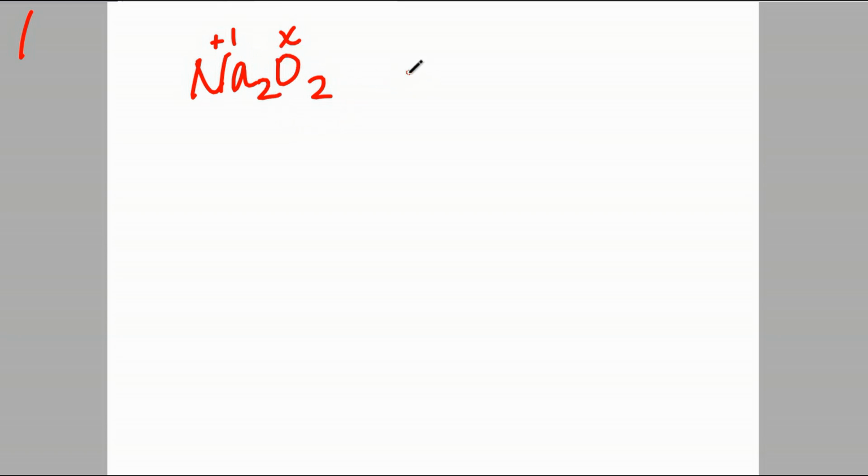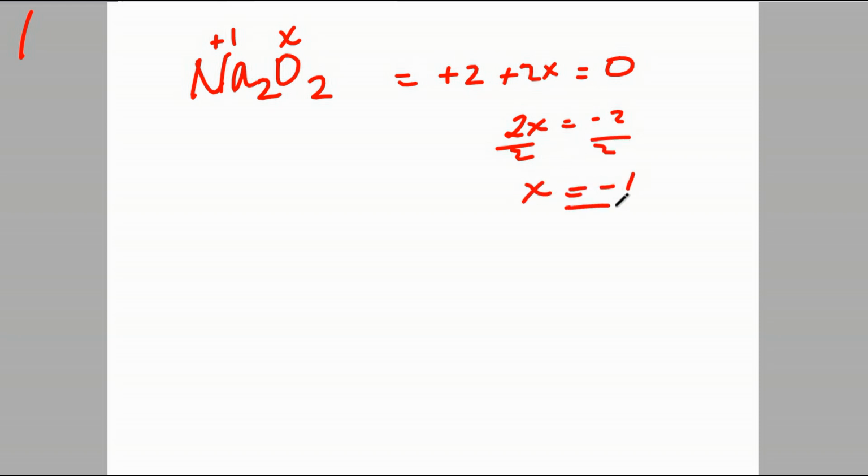So 2 times +1 is +2, plus 2 times x is 2x. And the sum of this should be 0 because it's a neutral compound or molecule. Therefore, 2x equals -2, x equals -1. So remember, one of the exceptions is that in peroxides, the oxidation state of oxygen is -1.